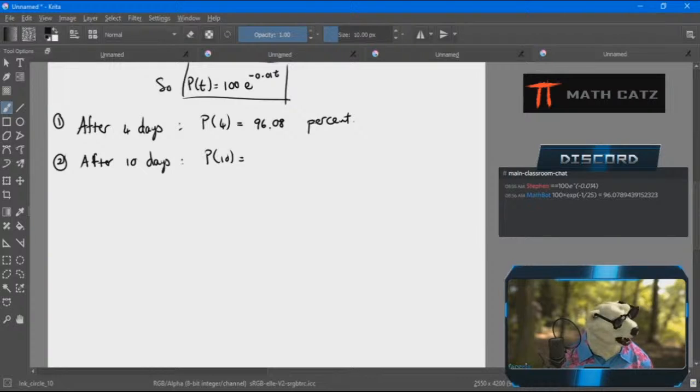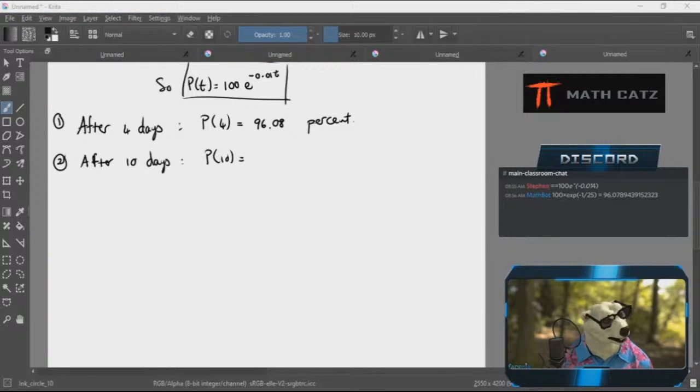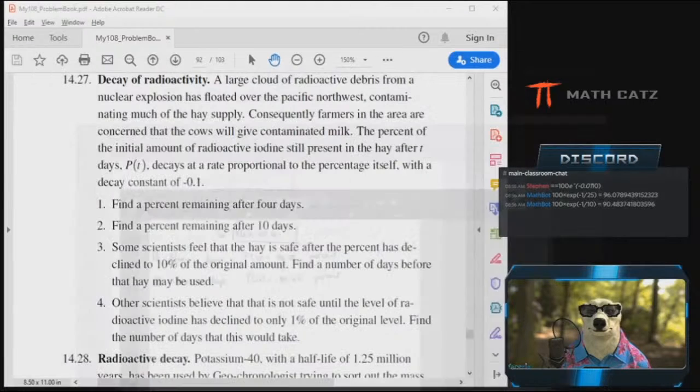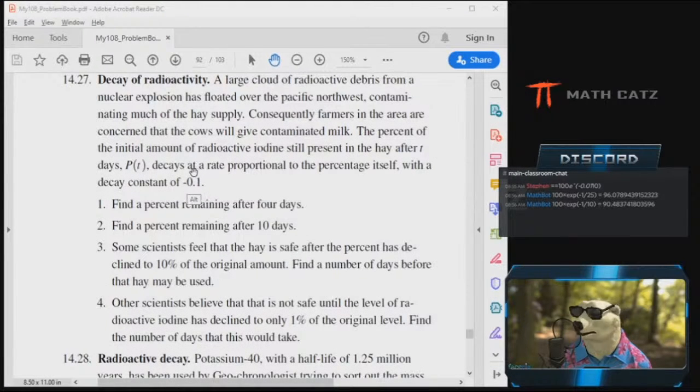And for the other one, we get 90.48%. All right, so basic, plug in a time value and get how the amount has changed. That is definitely the most basic kind of question. Let's see what else they have here.